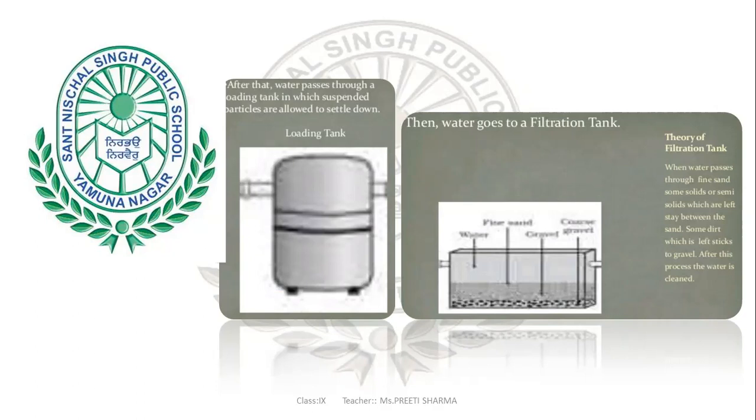So in the filtration tank, these insoluble solids and suspended impurities are removed. The tank has three layers, right? At the bottom, there are coarse gravels, and above that, fine gravels, and on top of the gravel, a thick layer of fine sand is placed. So after reaching the filtration tank, the water has to go through these three levels.